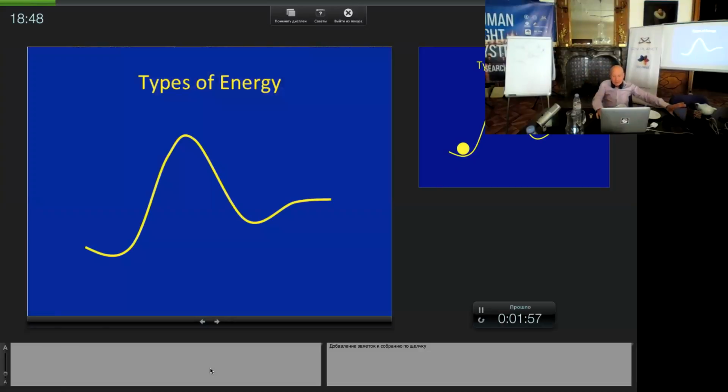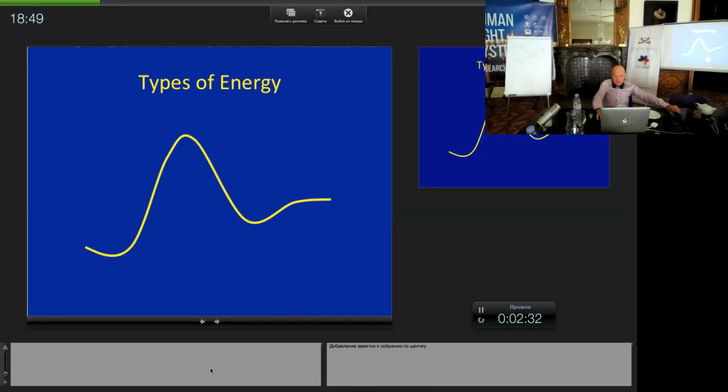So we have different types of energy. When we move, when we apply some force, we apply kinetic energy, and we can move this object up the mountain, for example, with kinetic energy. Then this object has potential energy, just because of this difference in gravitational field.